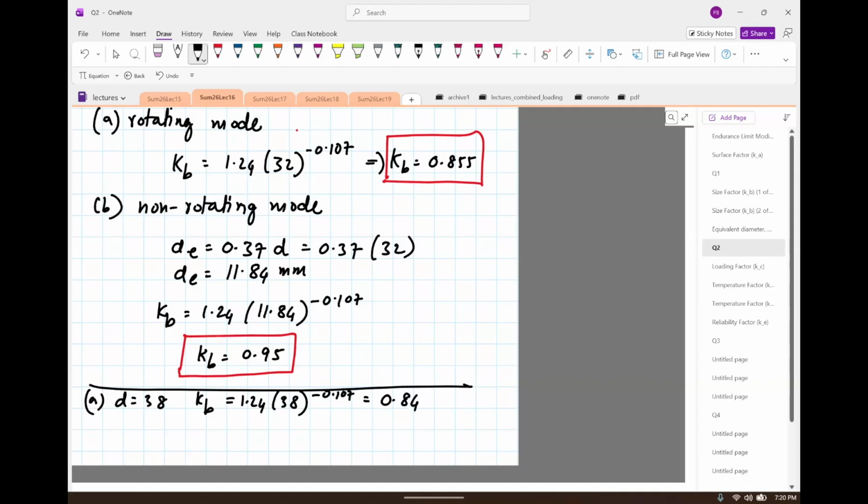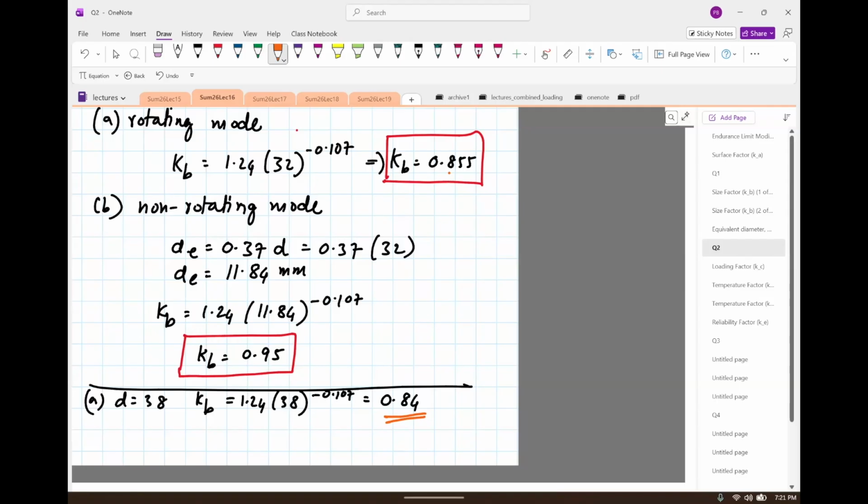Okay, so I didn't expect that. I thought it would be larger. So I get 0.84. Let me check 1.24. Huh, interesting. So this value and this value.